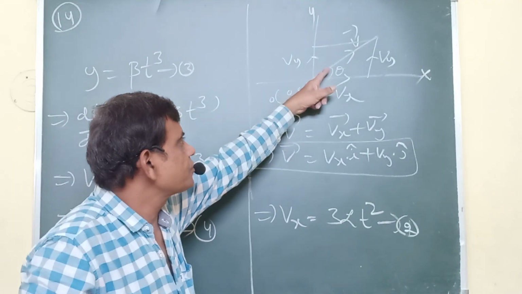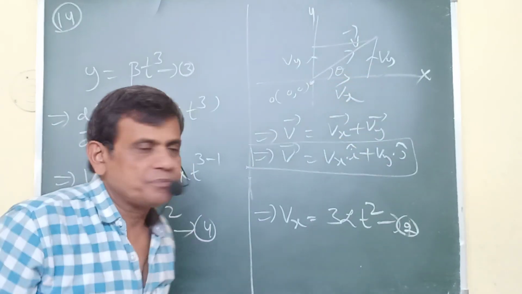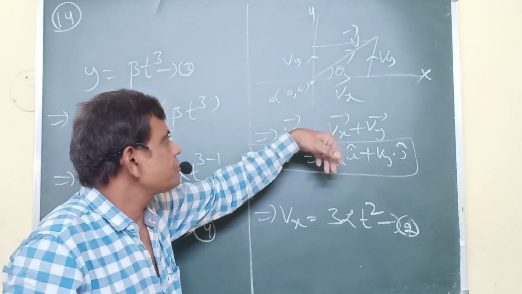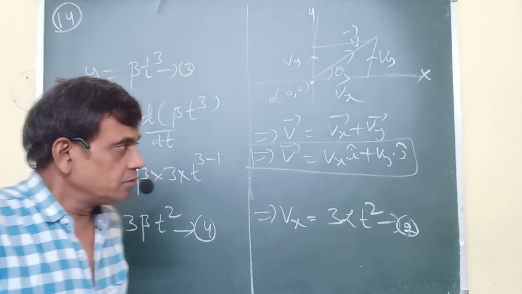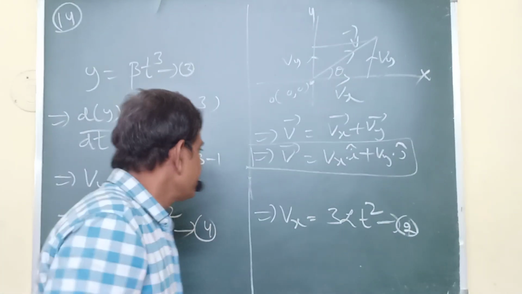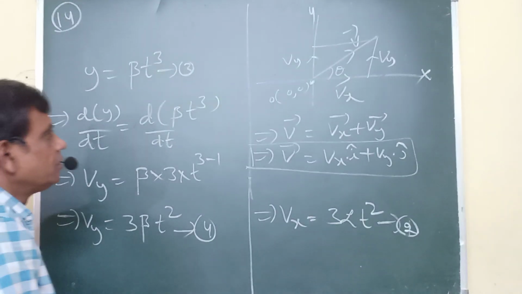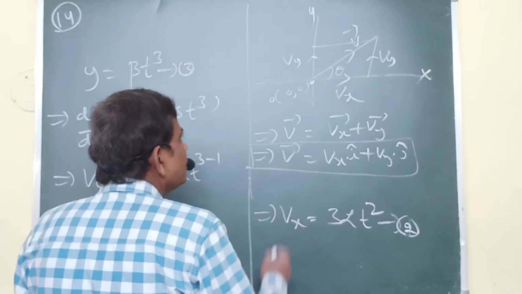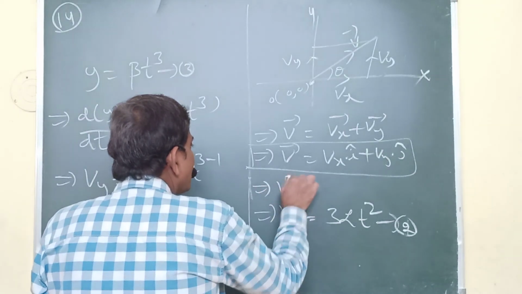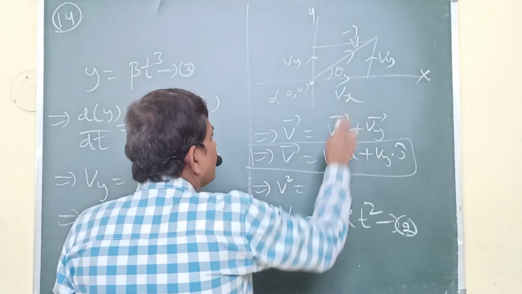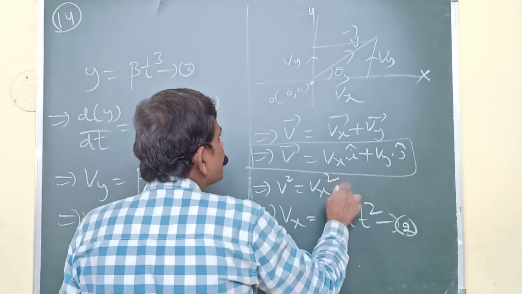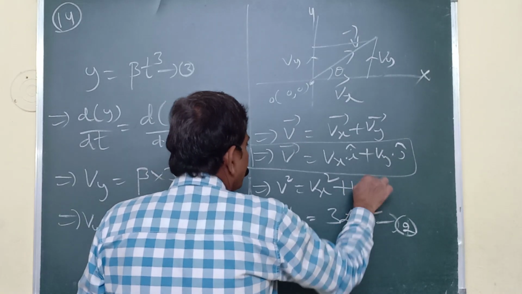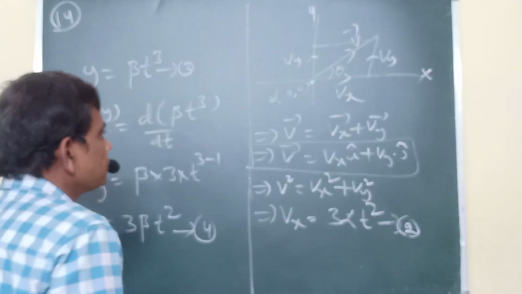This is like the hypotenuse. Hypotenuse square equals adjacent square plus opposite side square. So that concept I am applying. Then V square equals Vx square plus Vy square from the right angle triangle.